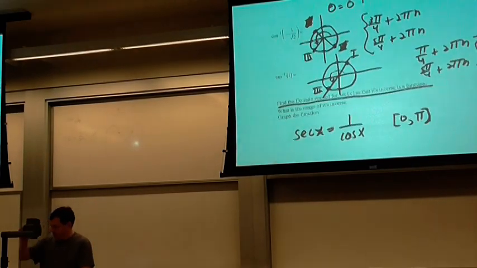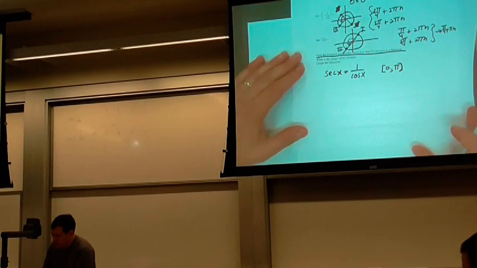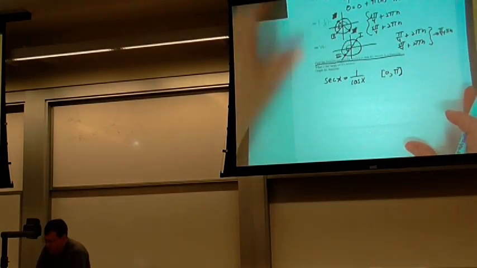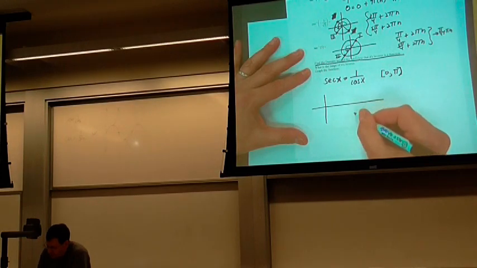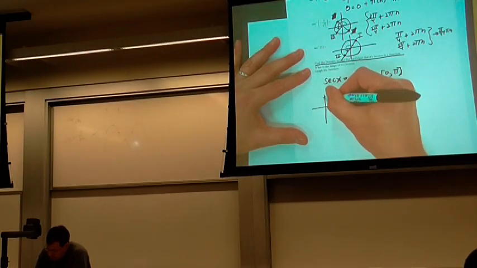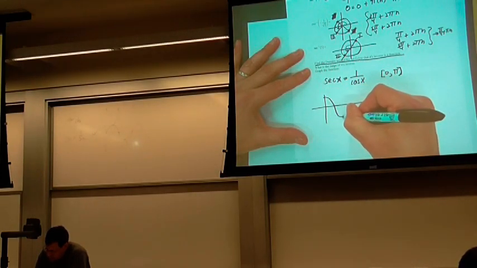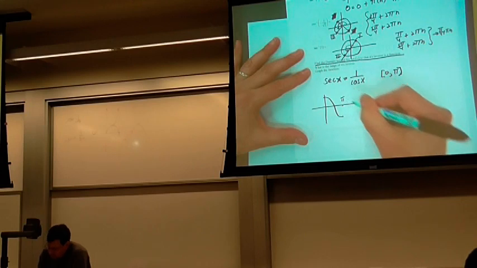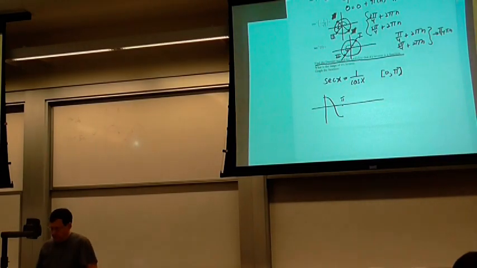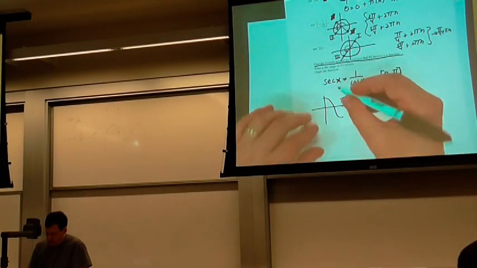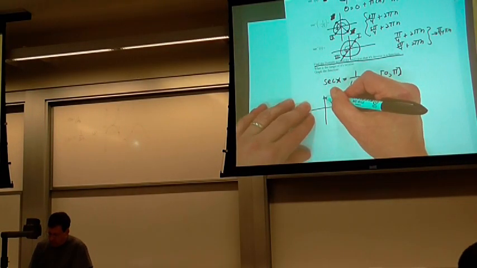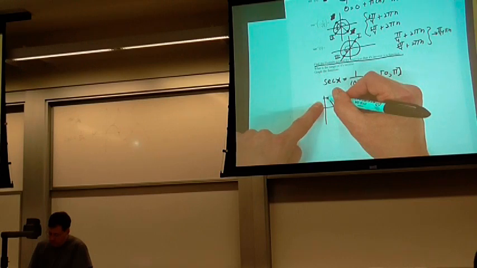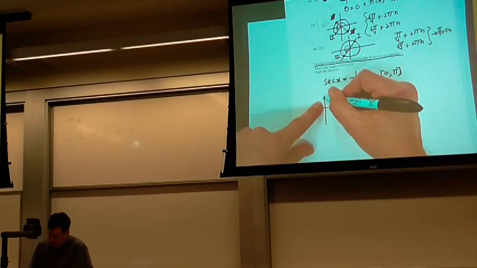Let's draw that so we see we're not crazy here. So the cosine from 0 to pi looks like this. So what does the secant look like?